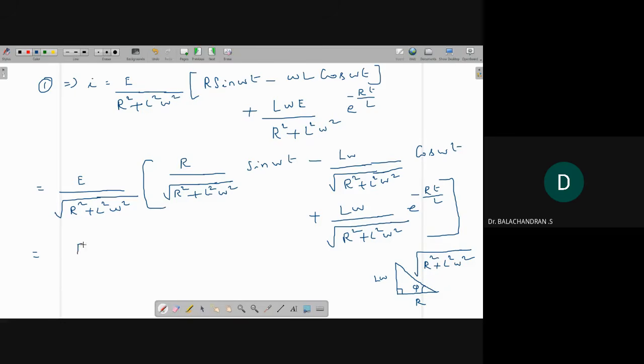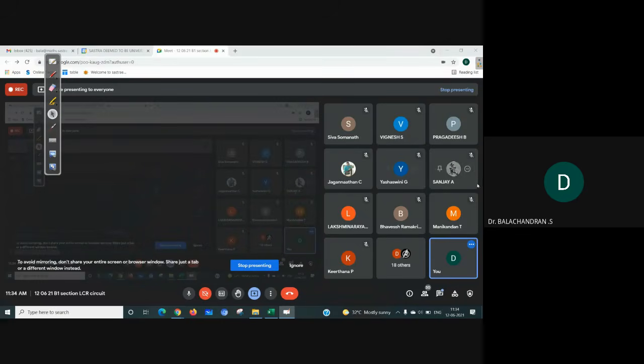Can anyone tell? E by root of R square plus L square omega square. What is R divided by root of R square plus L square omega square from the right angle triangle? Cos phi. Yeah, cos phi, Subramanian.